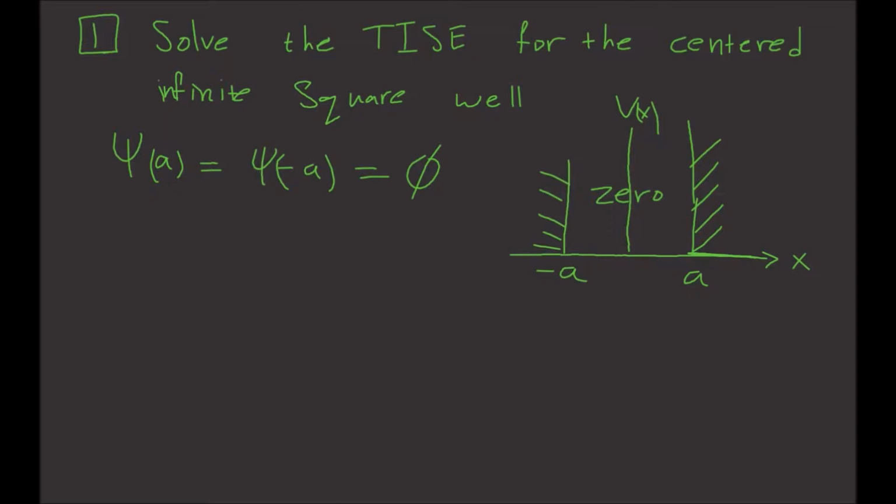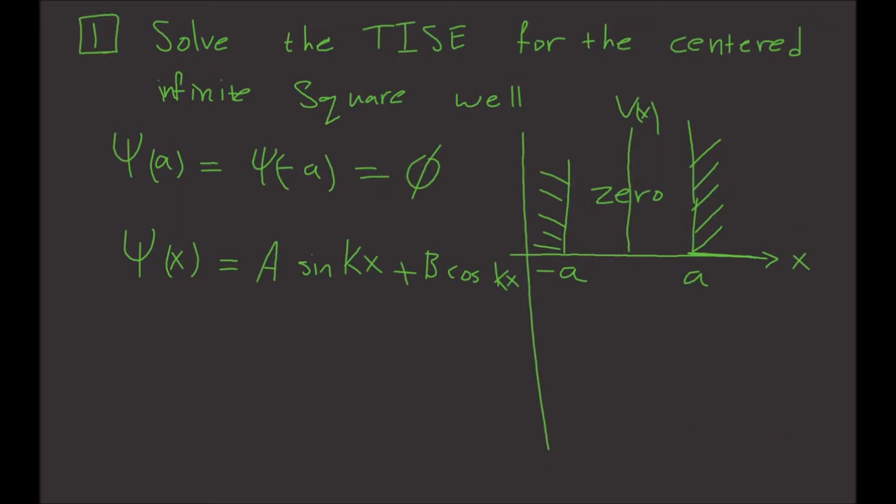Let's look at the solution. If you remember the solution from video number 8, psi of x is equal to a times sine of kx plus b times cosine of kx.